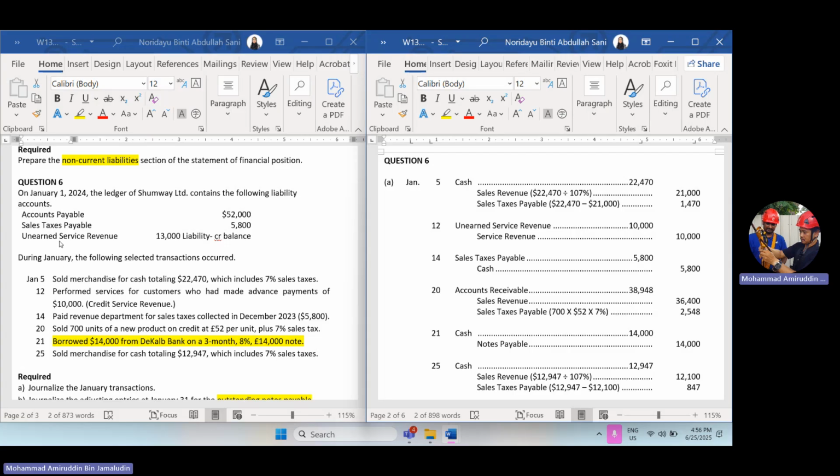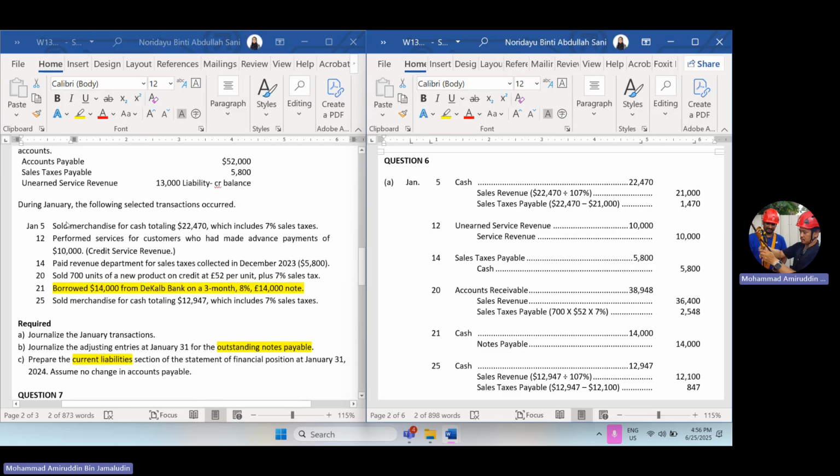So basically, when you talk about unearned service revenue, the normal balance should be on credit because it is a liability account. During January, the following selected transactions occurred.